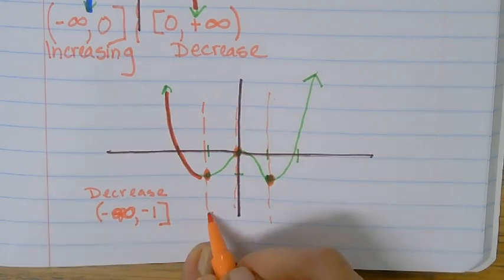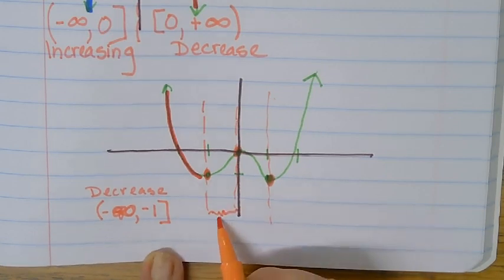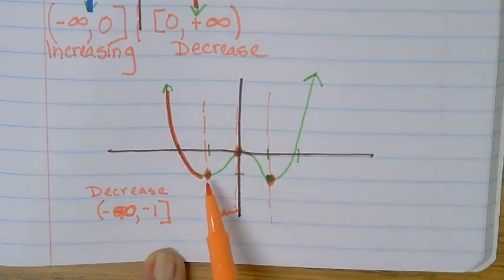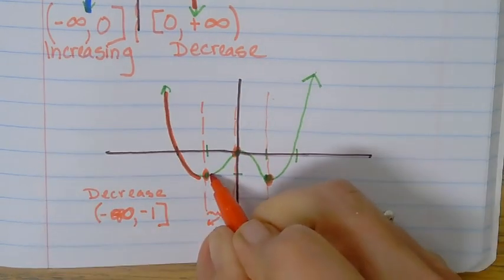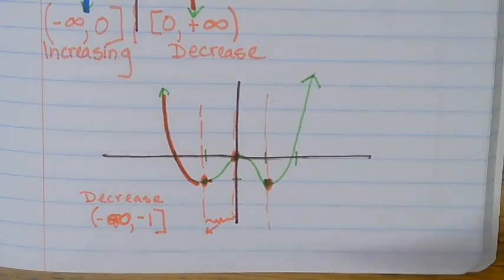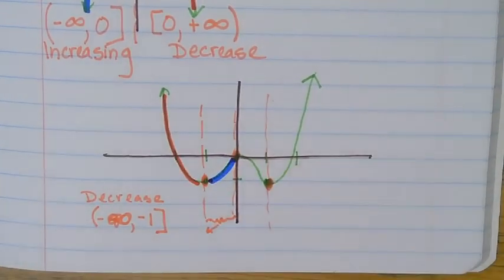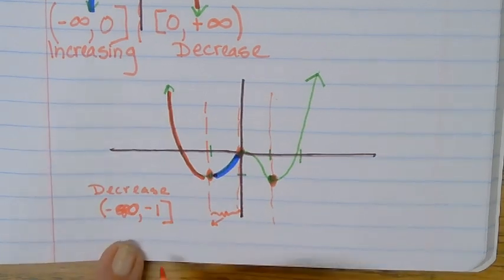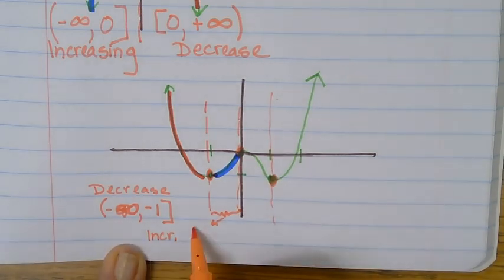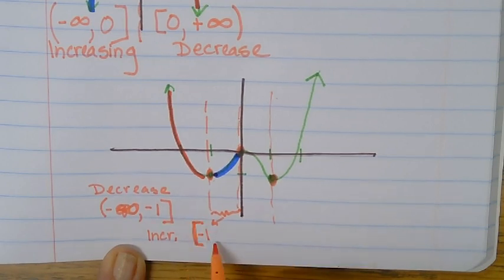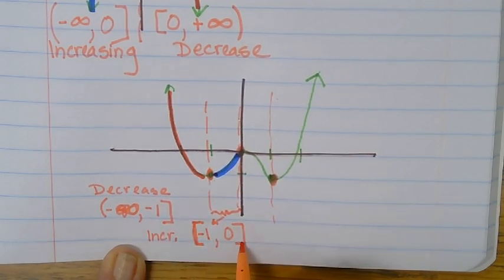Okay, then we got this next section. And it goes from what x values? Negative 1 to 0. And what's happening in there? It is increasing. So we're going to increase, I'm going to abbreviate it, from negative 1 with a bracket to 0.